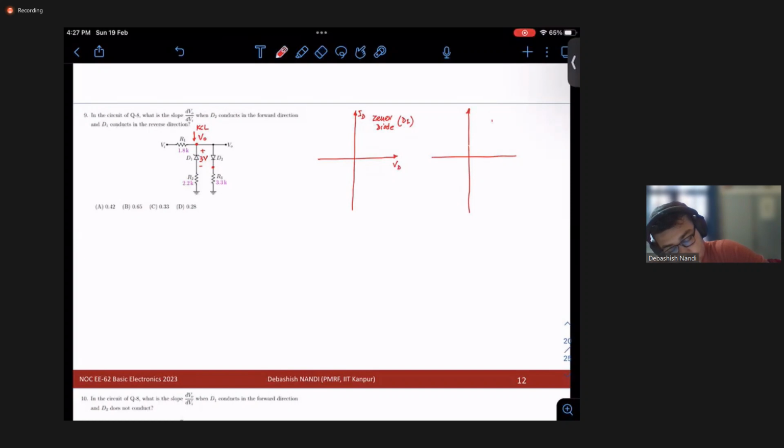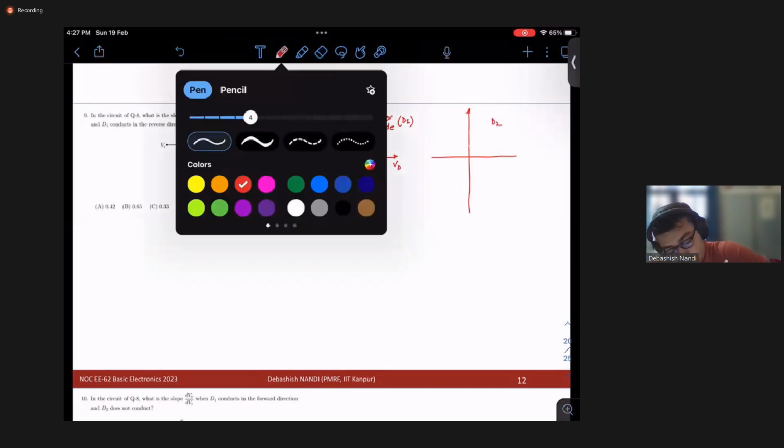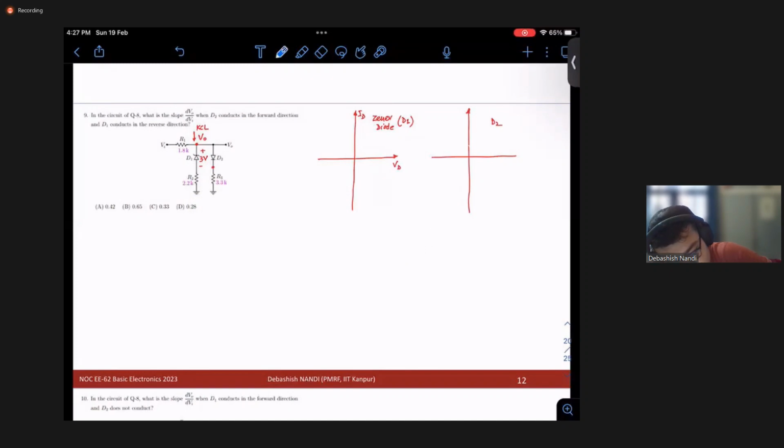Let's say this is D2. What are the models we are using? The model for D2 is this, and for the Zener diode, the model we are using is this.